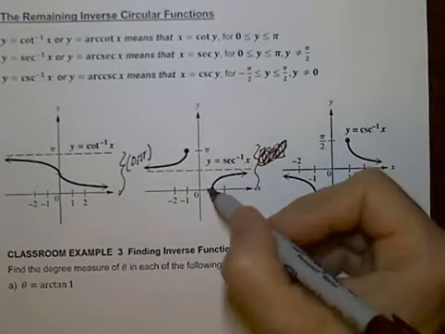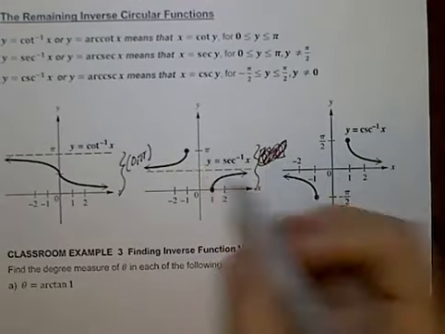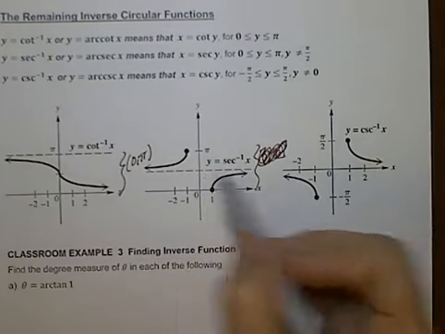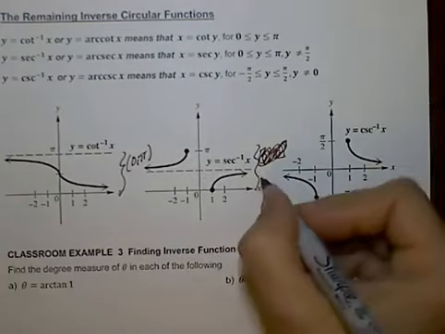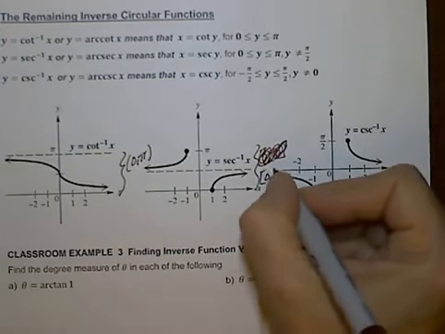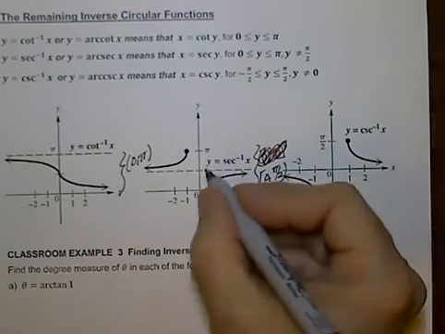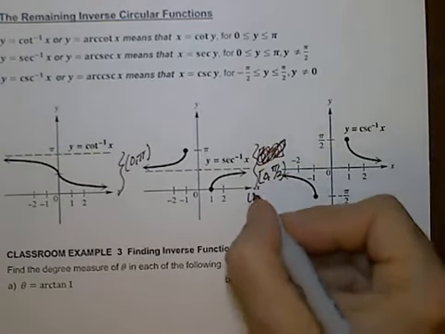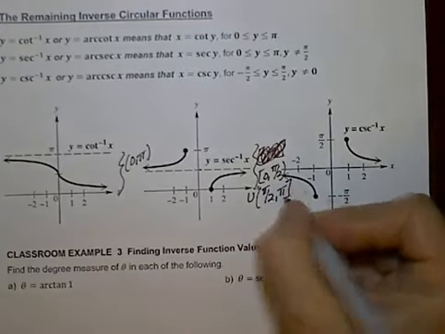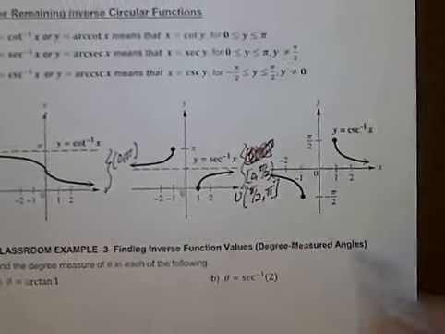Now for this one, the range is going from 0 to pi, but we've got this horizontal asymptote in the middle, which actually splits this into two halves. So this part goes from 0 up to pi over 2, and then this part goes from pi over 2 up to pi. So that one, the range is kind of strange.